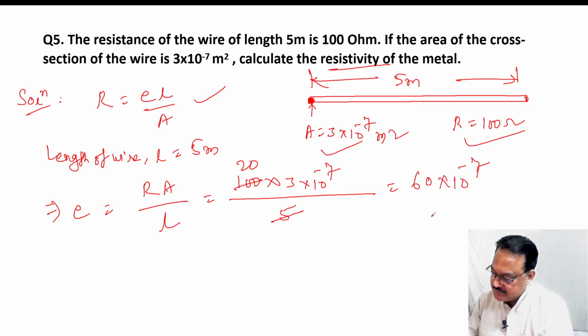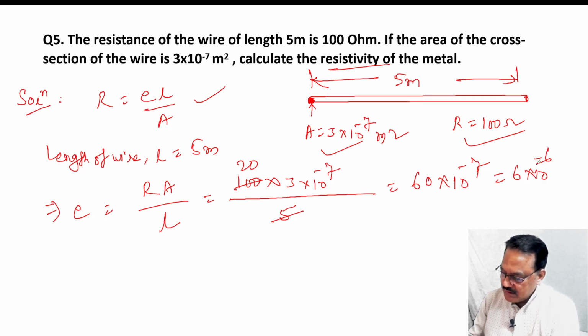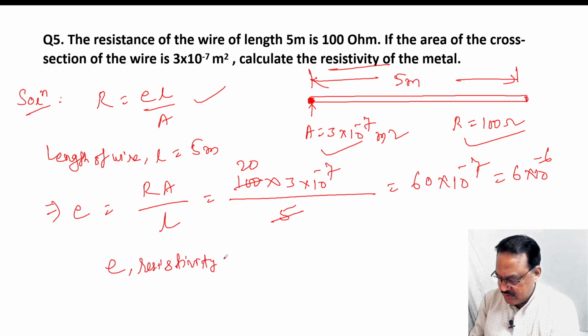So we can write 6 into 10 to the power minus 6. So rho, this is the resistivity. Resistivity is denoted by rho, and it is 6 into 10 to the power minus 6.